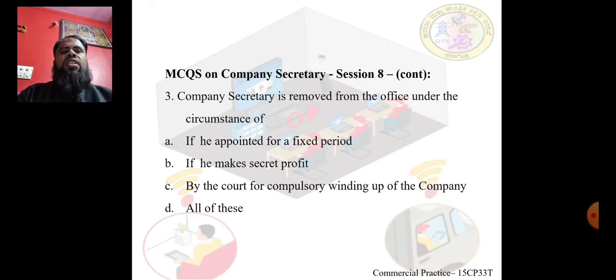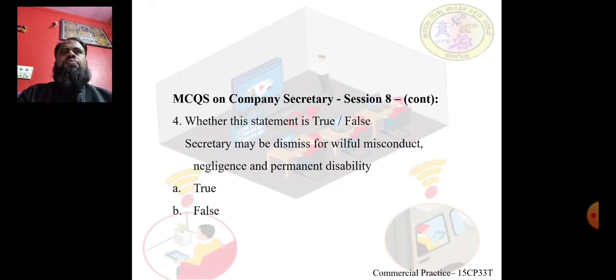A company secretary is removed from the office in all of these situations. That is, if the period is expired, if he makes a secret profit, in case of compulsory winding up, in all these situations a company secretary can be removed.